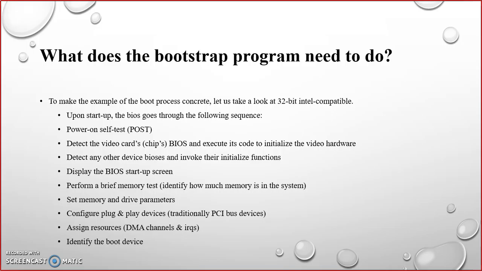Then it initializes the clock source and enables clocks to required peripheral devices. Then it powers up the CPU, enables the CPU clock, and takes the CPU out of reset.